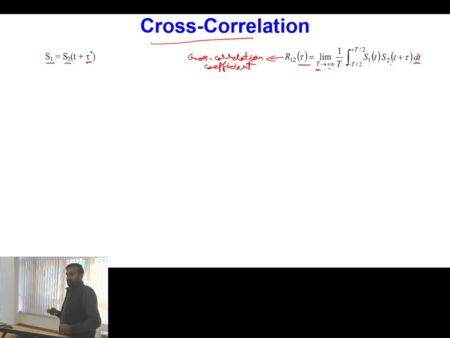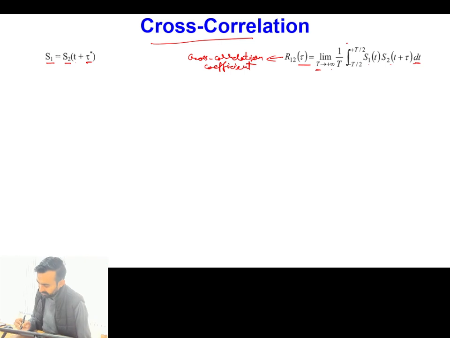What is the meaning? Why am I doing this integration over capital T? Because whenever we do a measurement, if we simply take the measurement only at a particular instant, we will not be able to make any conclusion from that signal.